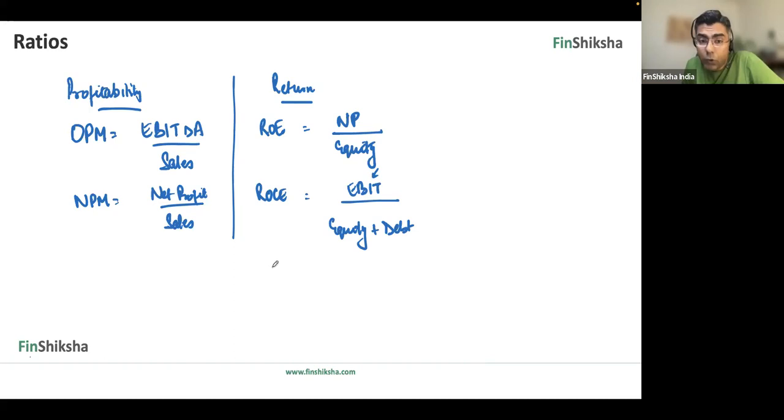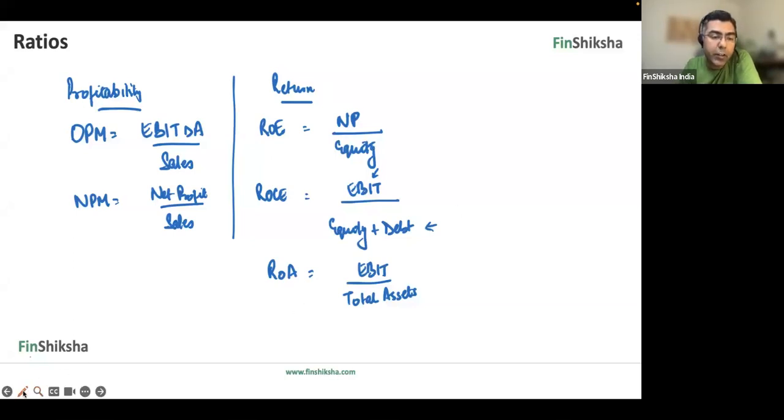That's fine. There's also another ratio called return on assets, for example, where you will take total assets in the denominator. Numerator, some textbooks say use net profit, some textbooks say use EBIT. I prefer using EBIT because total assets are equivalent to total liabilities, which include equity and debt. So on the numerator, just to be consistent, EBIT can be used.